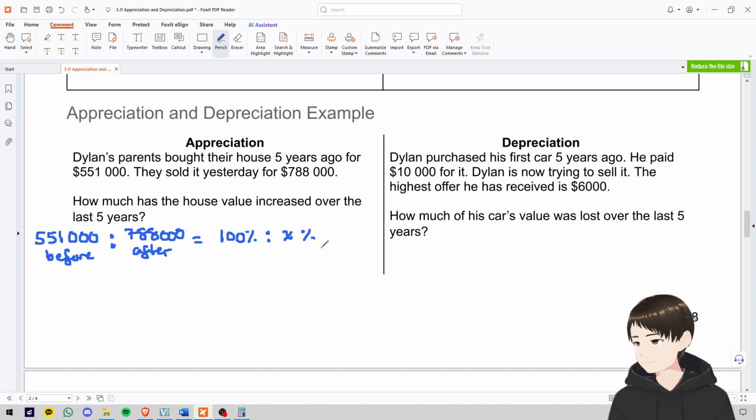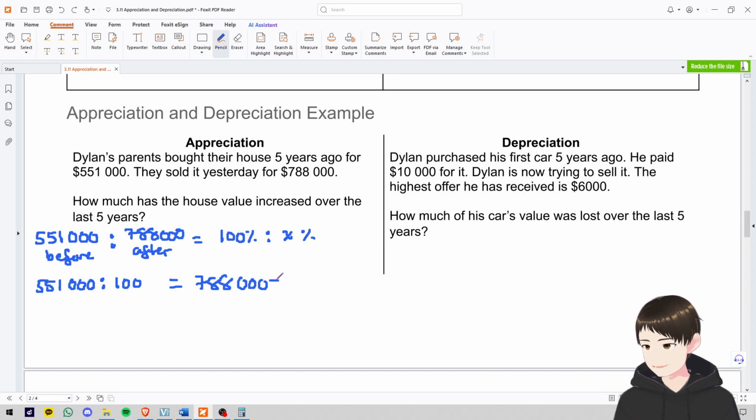You get what I'm saying? You could do it this way. You can also do 551,000 is to 100%, as 778,000 is to what percent? Is to what percent? You can do it in so many different ways as long as you are making that connection.